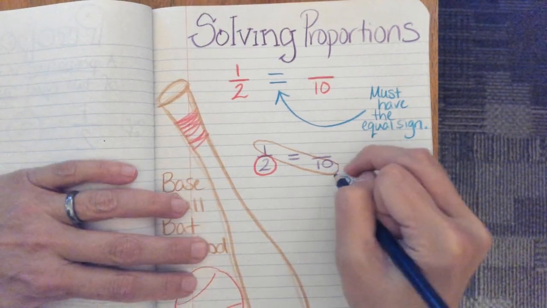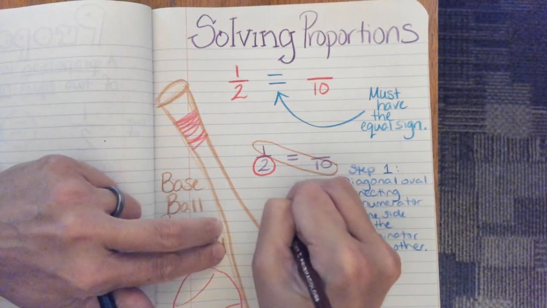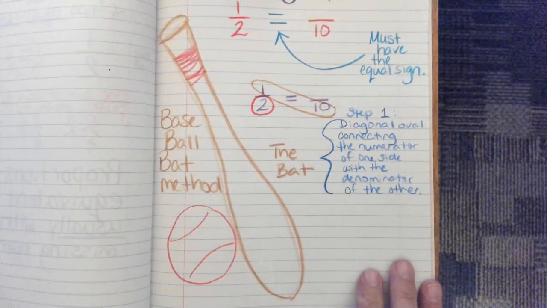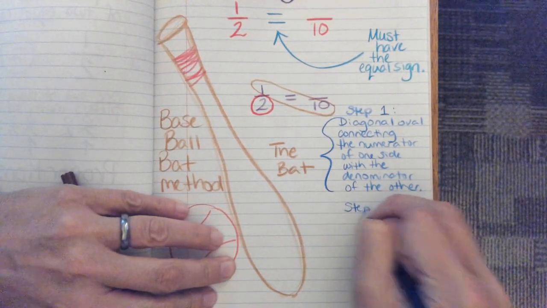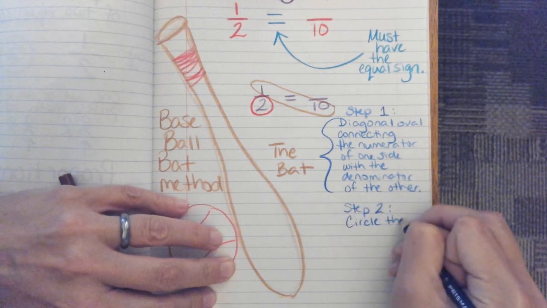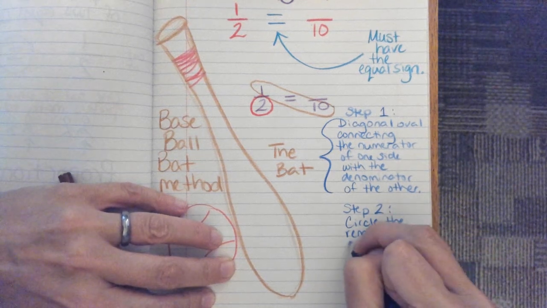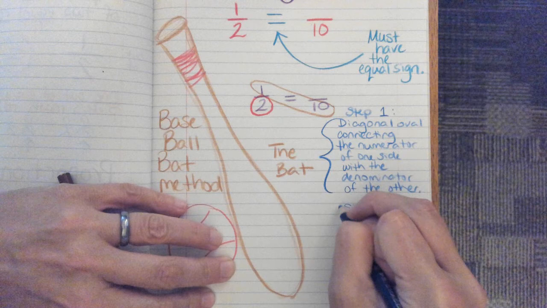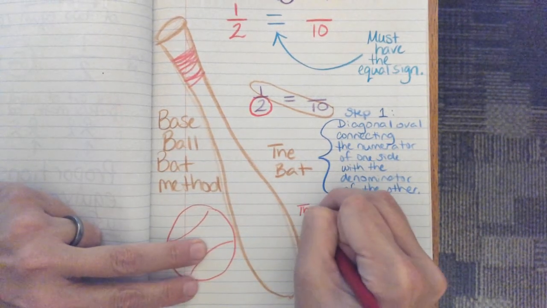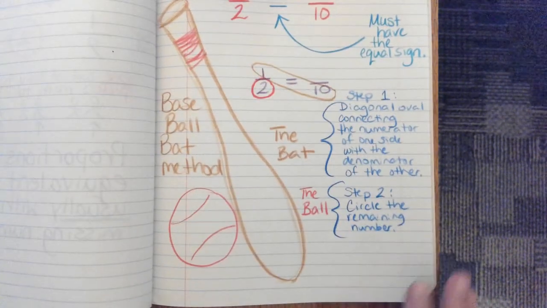Okay, and that is the bat. Step 2, circle the remaining number. And that becomes the ball. Okay. And then I'm hoping I have room for the next.